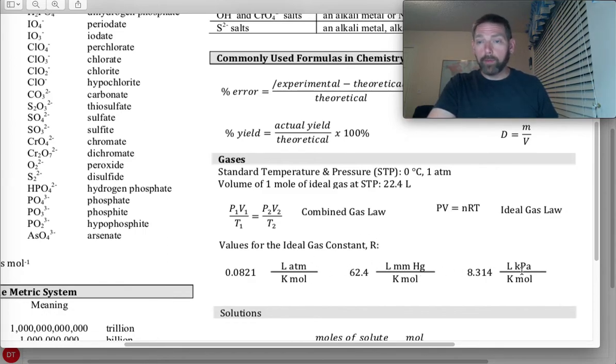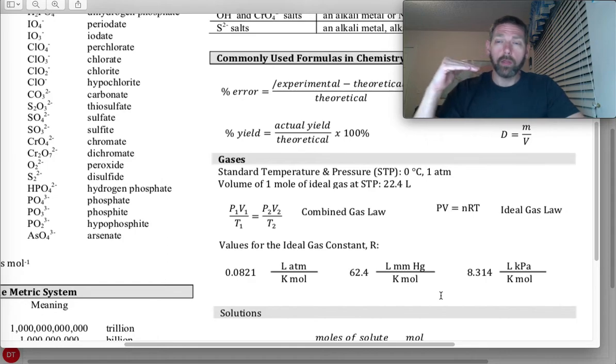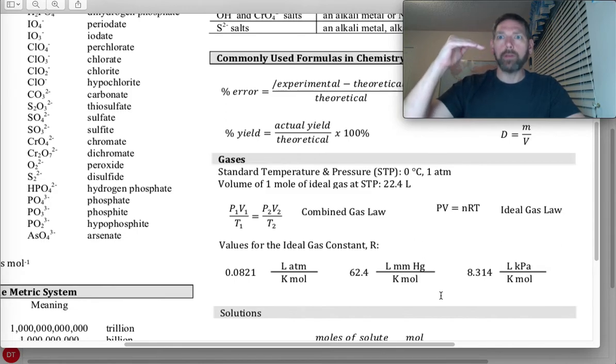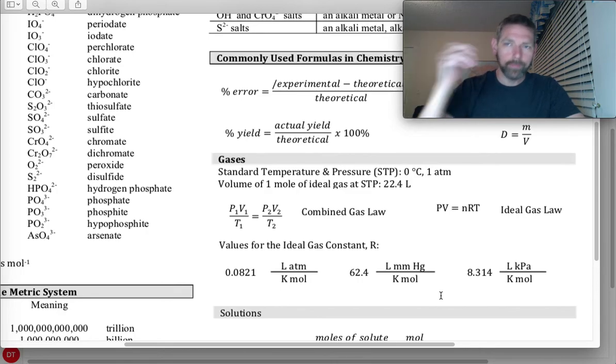But notice the denominator is the same, and up top, liters is also the same. But notice atmosphere here is millimeters of mercury. An older standard is, if you think about the way a thermometer works, when temperature changes you'll get a change in pressure, and that pressure on a thermometer is scaled out, literally measuring how many millimeters of mercury that thermometer increases or decreases. So that's where that comes from.